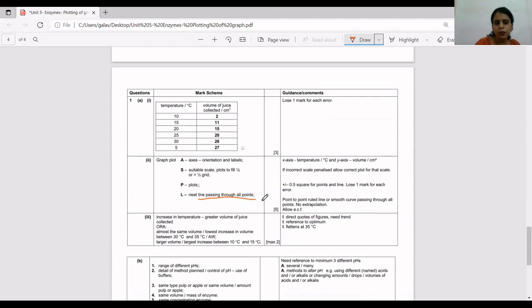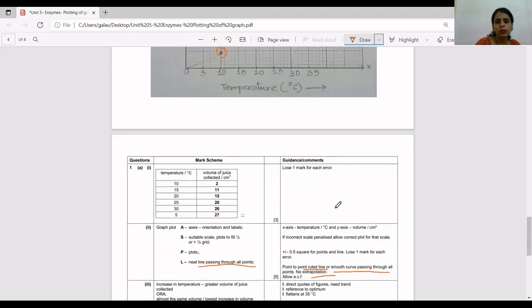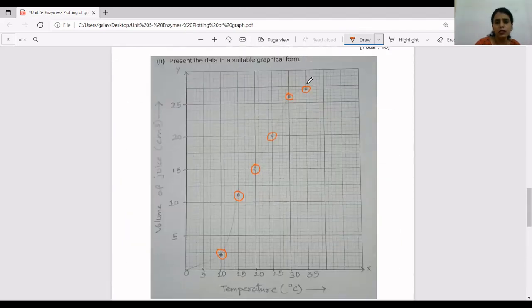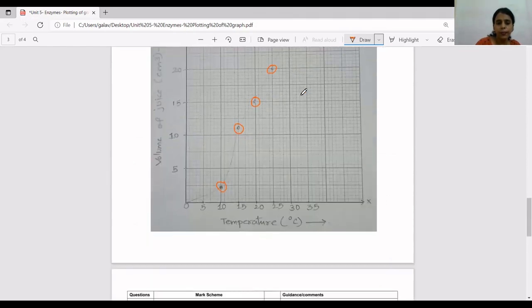A neat line passing through all the points, a point-to-point ruled line, where you use a scale point to point, or you can make a smooth curve passing through all the points, and no extrapolation. No extra line should be drawn after the last plot. So you can make a smooth curve by joining all the points given here in the graph.